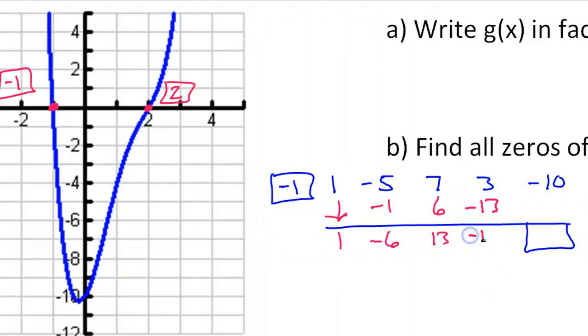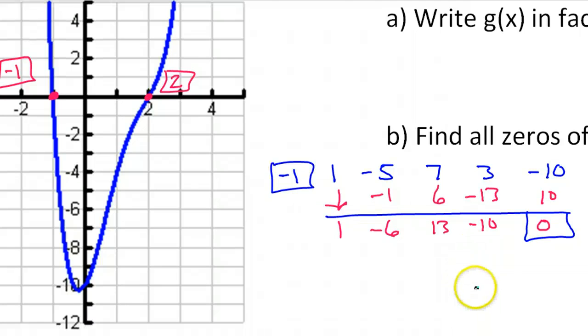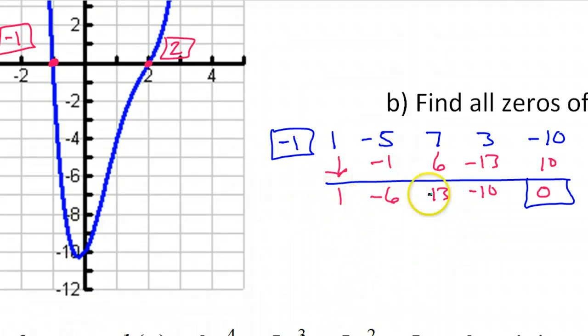Add, I get -10. Multiply, I get +10. Add, I get 0. Okay, so now I've got this. Not much I can do with this. If I put the variables back in, grouping would not work, but no worries, we have another 0.